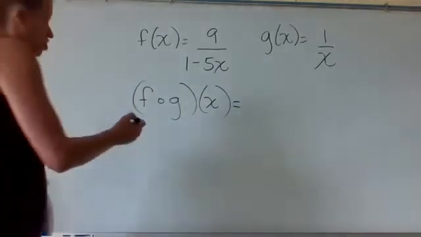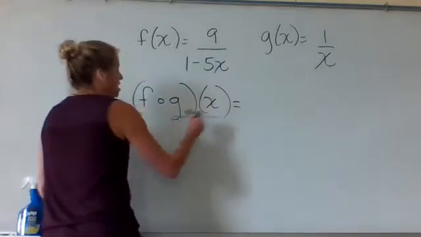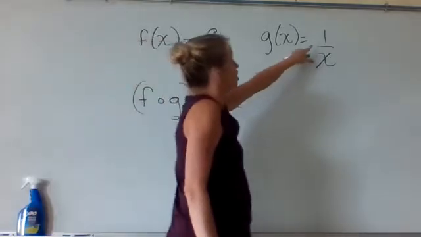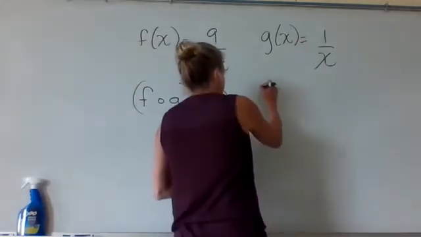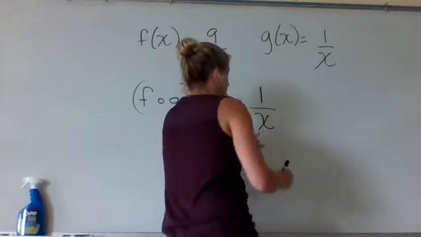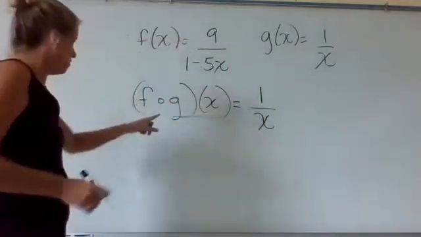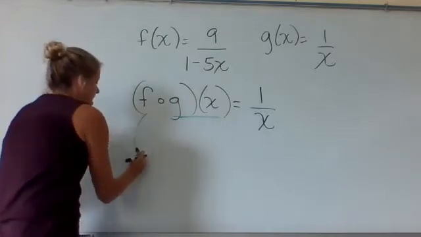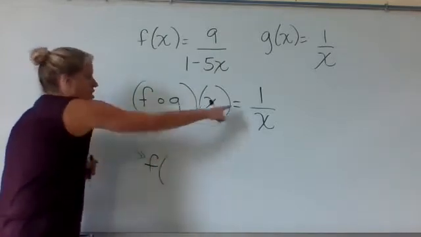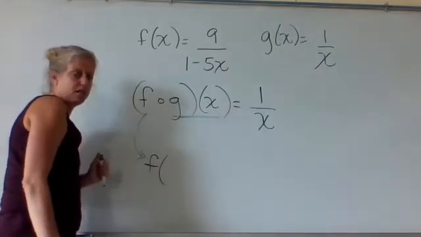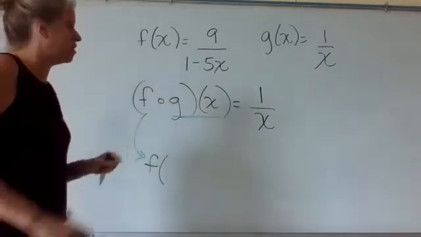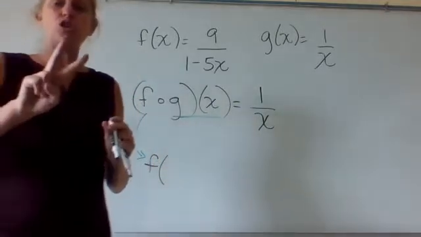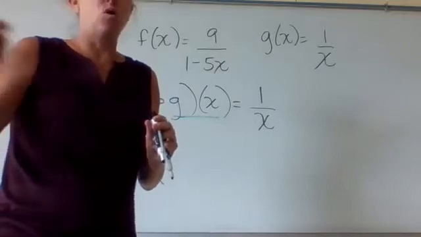So let's see what I start off with. I'm finding g of x. Well, g of x is just 1 over x. Now, I'm going to pause because remember, if I'm finding a composition, the next thing I've got to find is f of that solution. But before I go there, when I'm going to find the domain here in a minute, I have to look in two different spots for restrictions.